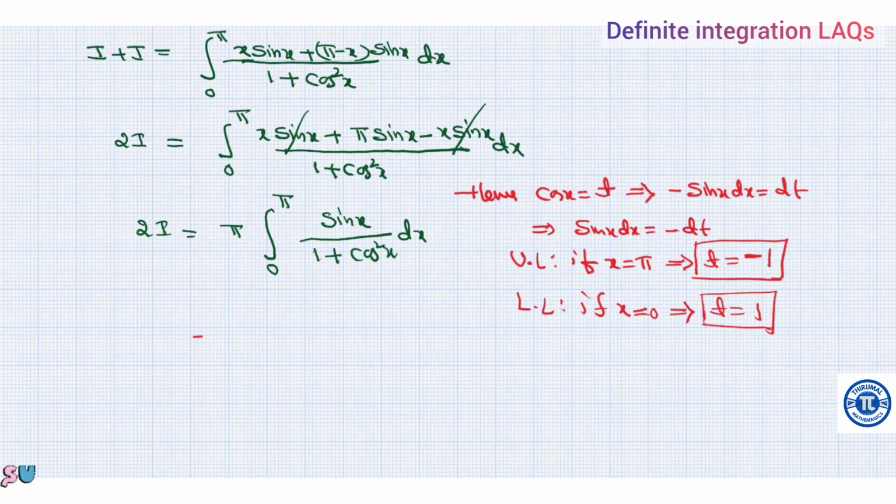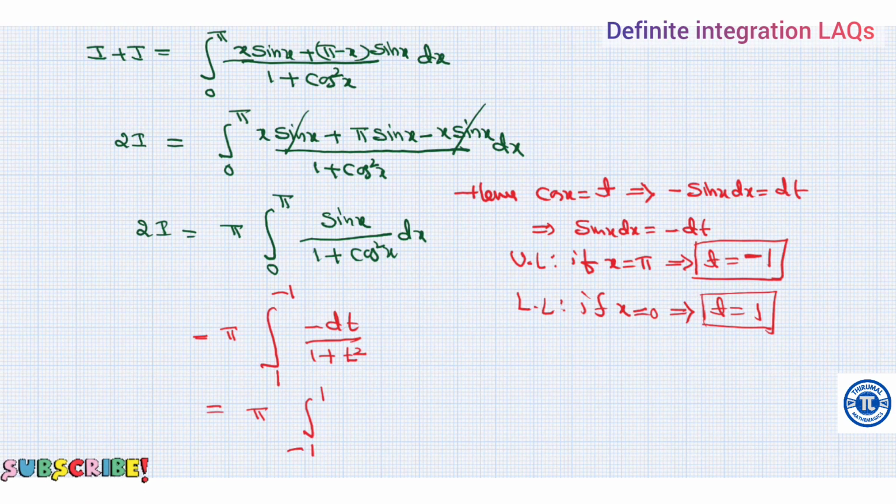Okay, right here it is equal to pi into the integral from 1 to -1 of minus dt by 1 plus t square. Okay, next it is the integral from -1 to 1, so here the sign is changed, plus dt by 1 plus t square.